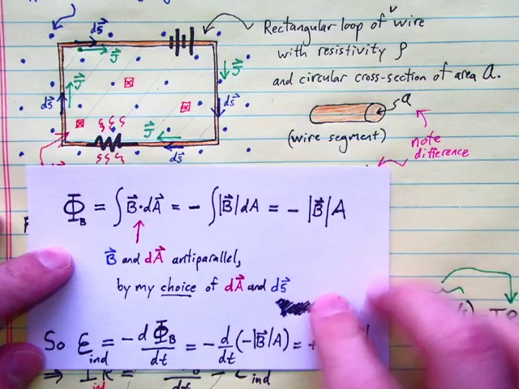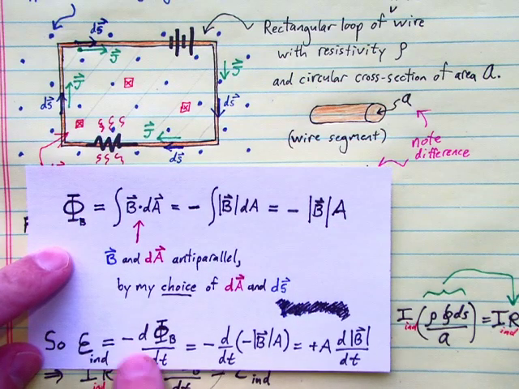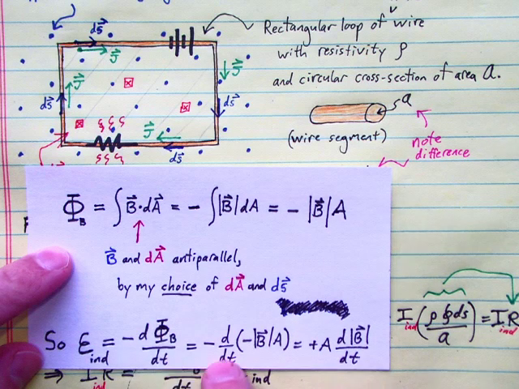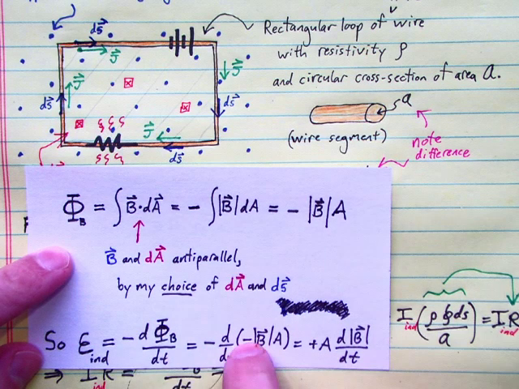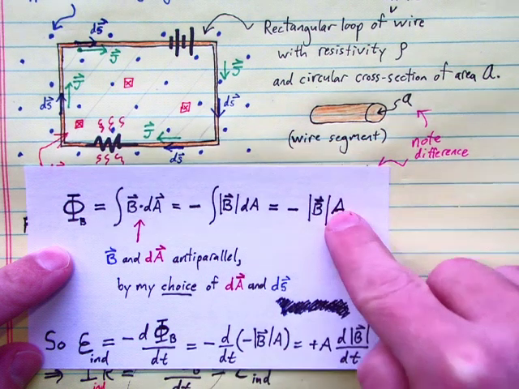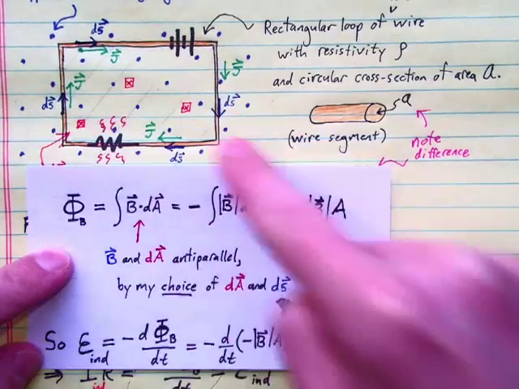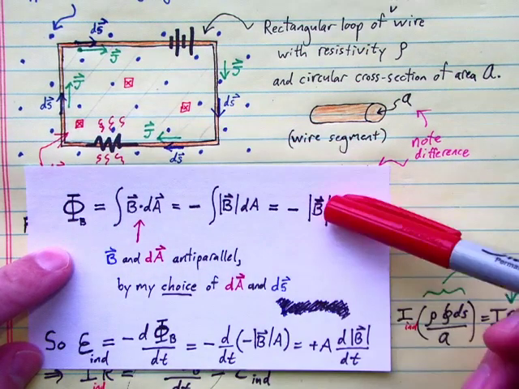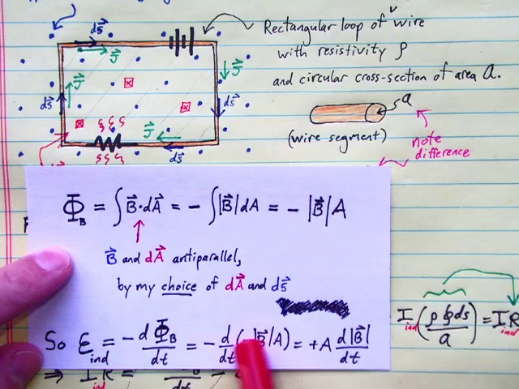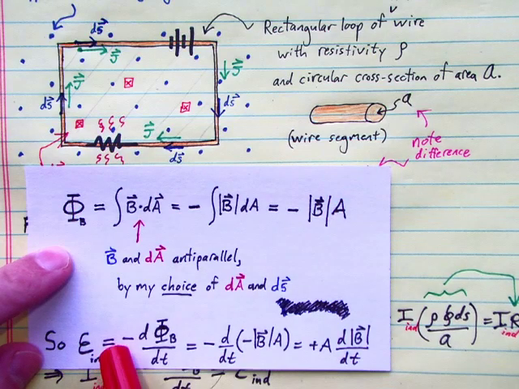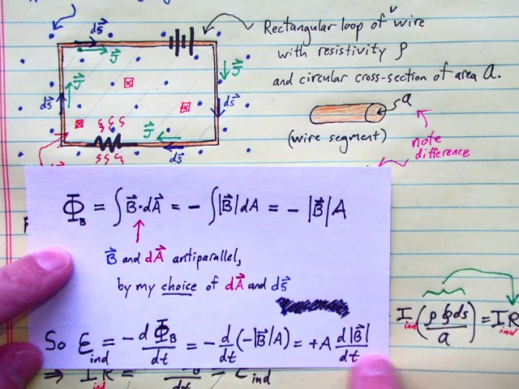And so our induced EMF, equal to the opposite of the time derivative of that flux, is the opposite of the time derivative of minus B times A. This A is the length times width, the actual area of our rectangle. So that minus and minus cancel each other out. So our induced EMF is just equal to plus A dB/dt.